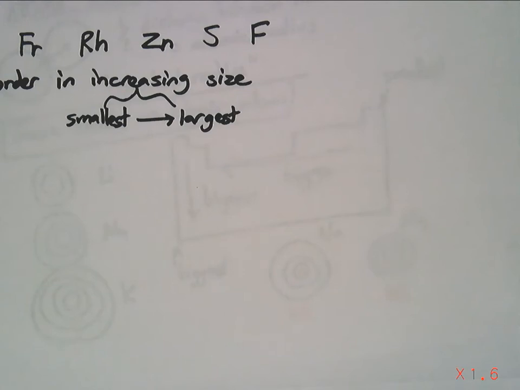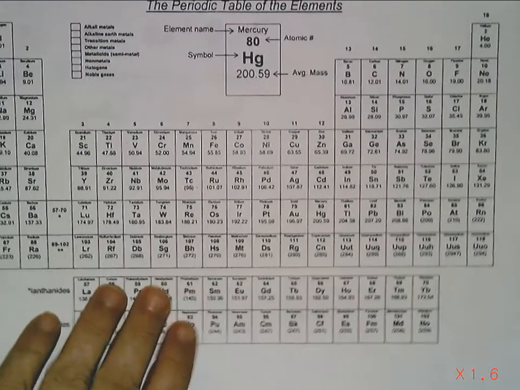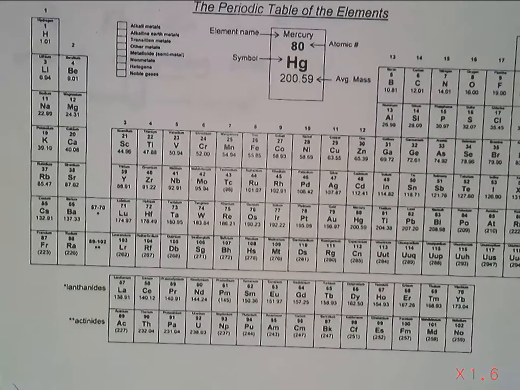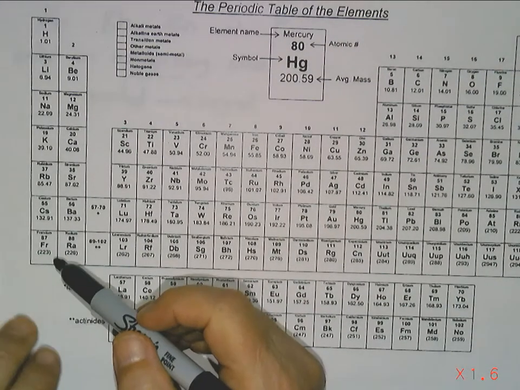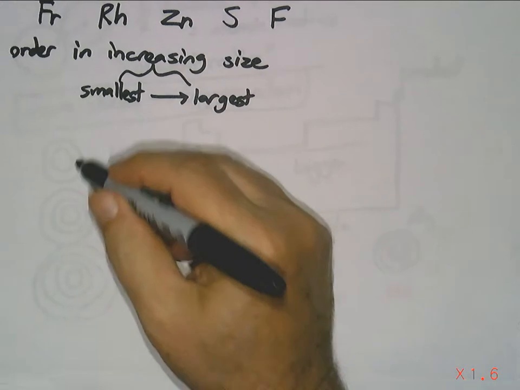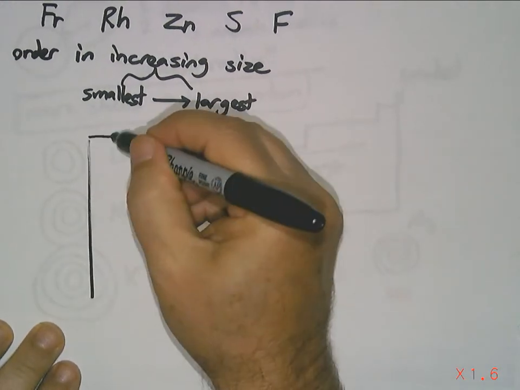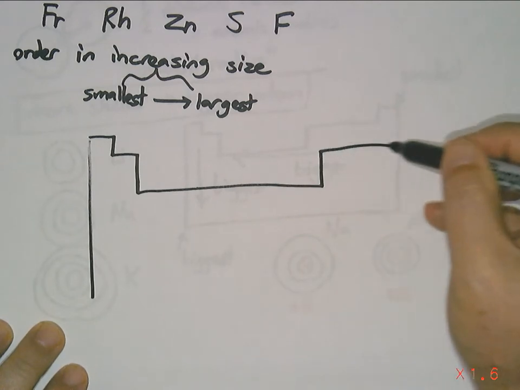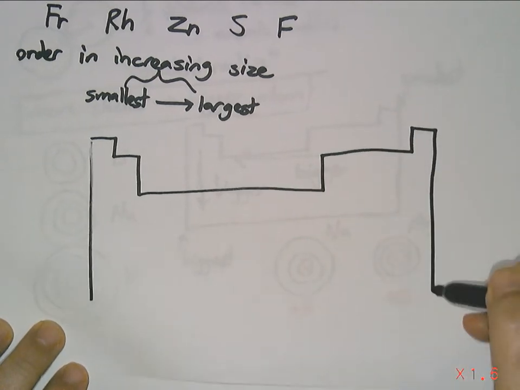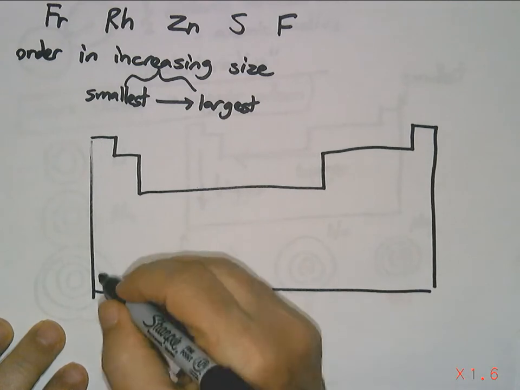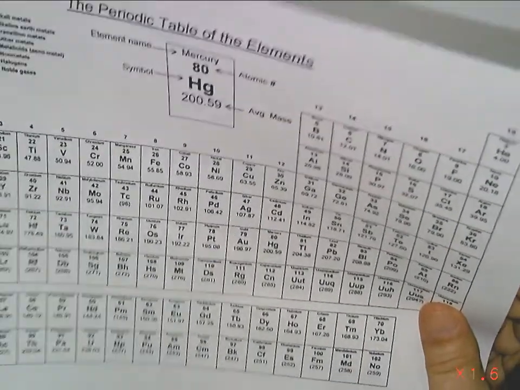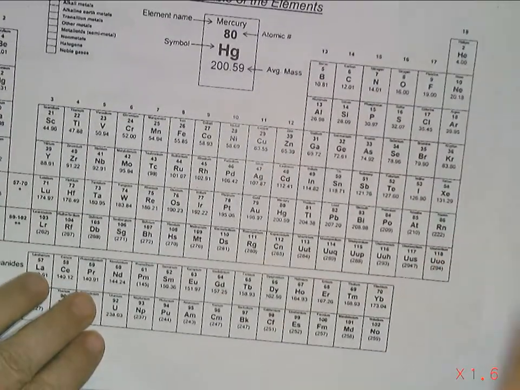Let's look at where these things are on a periodic table. Let's see, I got francium. That's here. So let's draw a little table here. So francium is down here. Rhenium. Actually, that's rhodium.